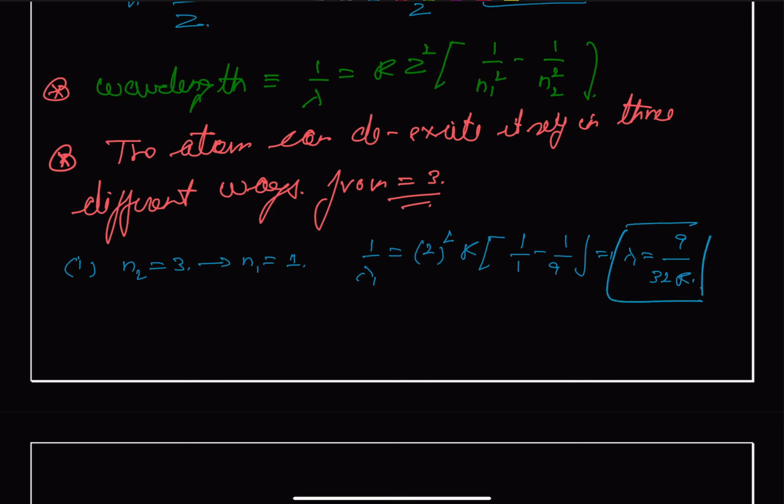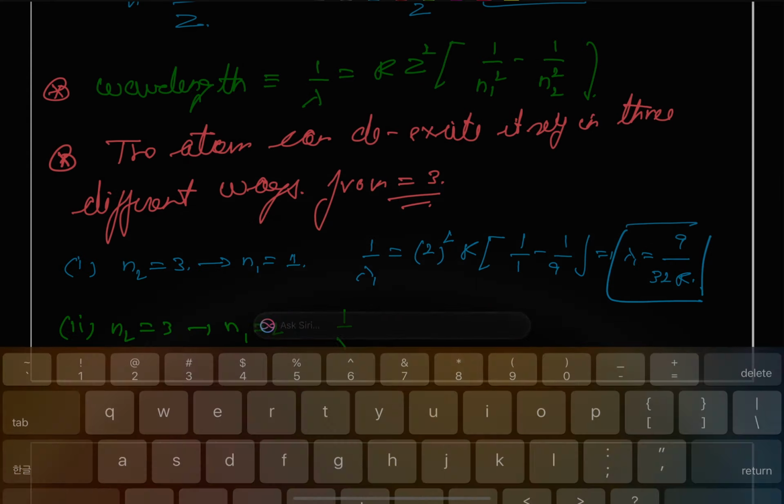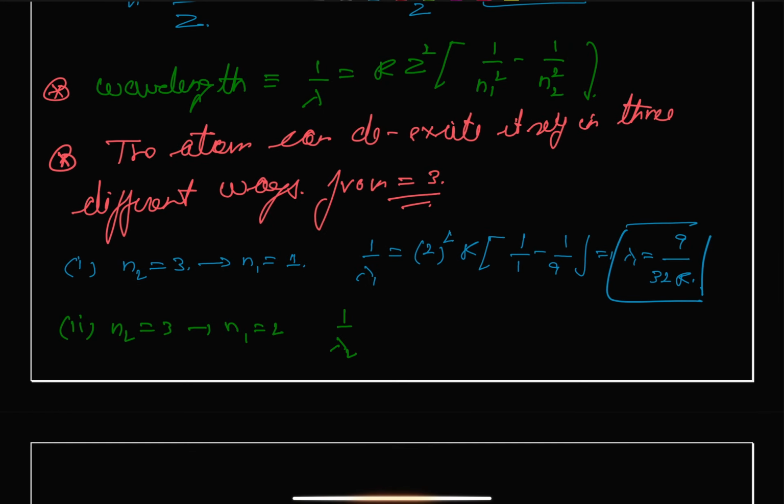And our second one will be from n2 is equal to 3 to n1 is equal to 2. So we can say 1 upon lambda 2 is equal to 2 squared times R, 1 upon 4 minus 1 upon 9.